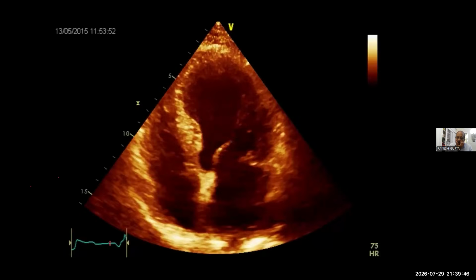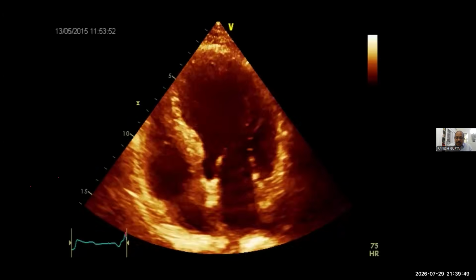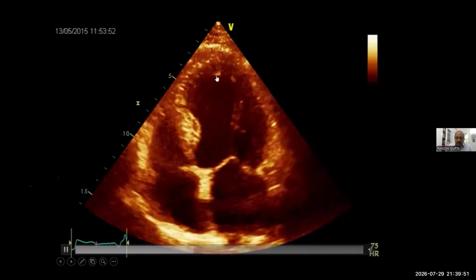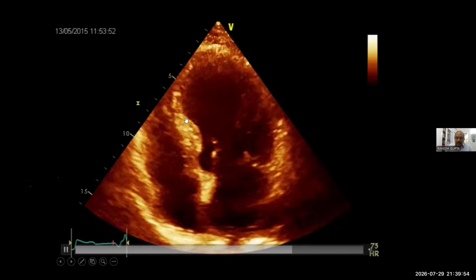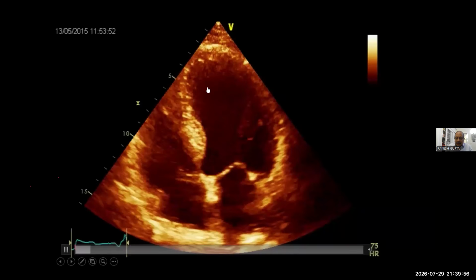Now what do you see? If you look carefully, this apical septum along with apex is hypokinetic. Mid and apical septum is hypokinetic.